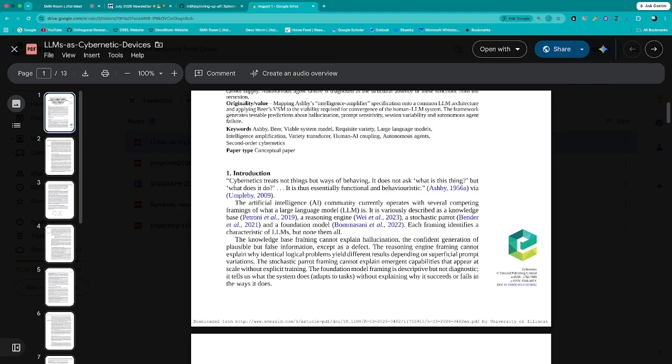And so this is where we get into the idea of intelligence amplification and this closed-loop feedback between the user and the large language model. The reasoning engine framing cannot explain why identical logical problems yield different results depending on superficial prompt variations. And this is what I was talking about earlier. A lot of times, your result in a model depends on what you ask it. And if you ask it something and it generates a response and it looks great, there are other things it could have generated if you had specified things differently.